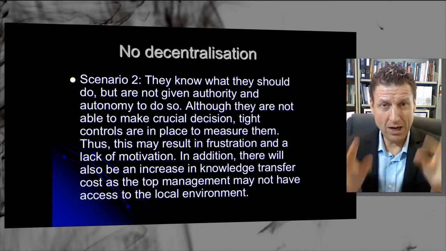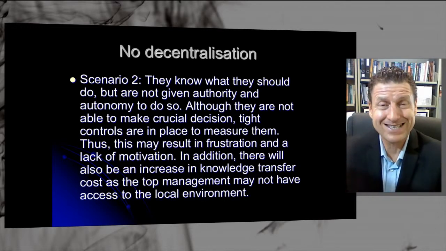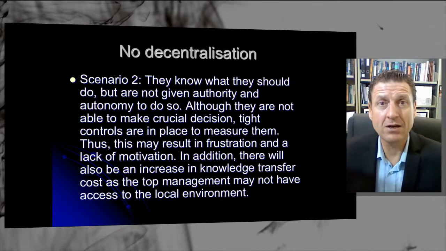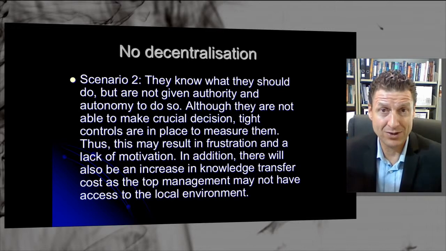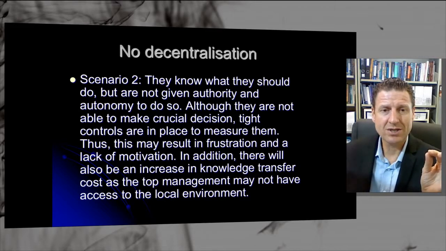I'm in charge of this division, but I have to refer all the big decisions to my boss. Why can't I make them myself? Why can't I be responsible for the KPIs in my division? Yes. So they're not able to make the crucial decisions. There are tight controls in place to measure them, thus it may result in frustration and a lack of motivation.